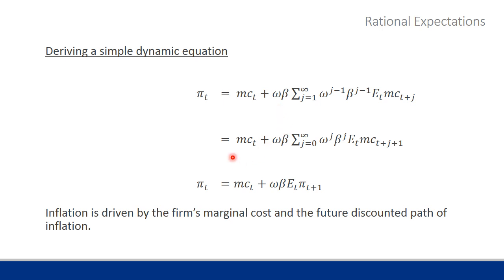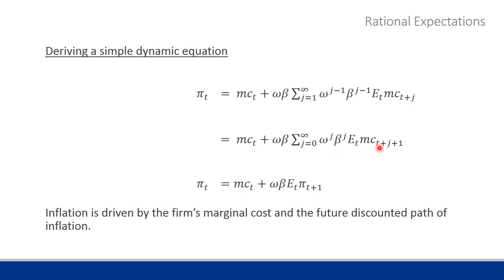In the next line, we can prepare this second term on the right hand side to look like the expectation of pi t plus 1 from the previous slide. To do that, we need to roll back the progression from j is equal to 1 to j is equal to 0. If we roll back the progression, we need to add 1 to the j subscripts inside the summation sign. So j minus 1 plus 1 becomes j, and t plus j becomes t plus j plus 1.